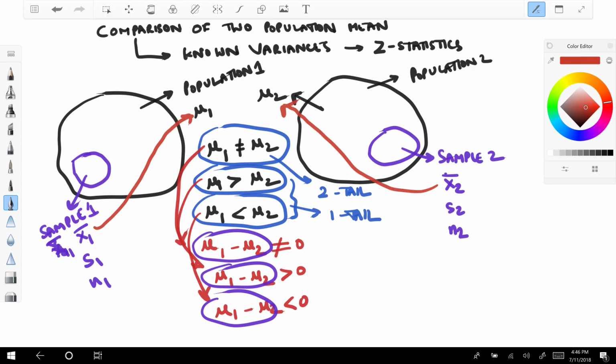So we can say x1 bar minus x2 bar, which is the difference of the sample means, can be an estimator for the population difference.